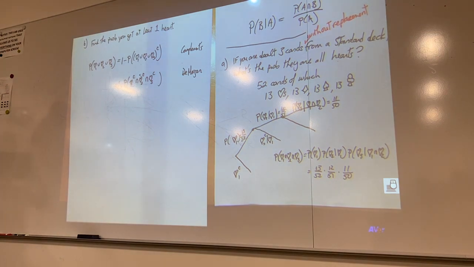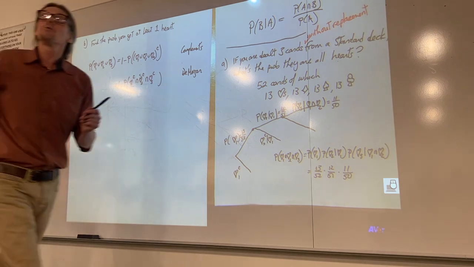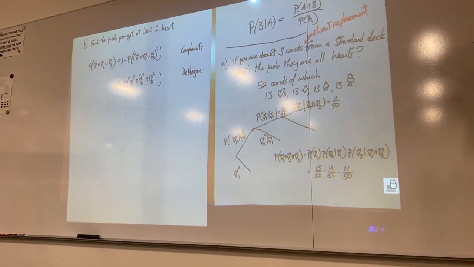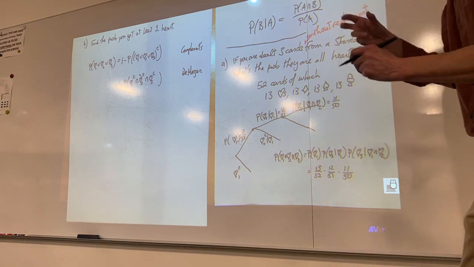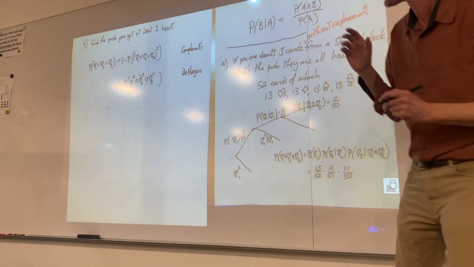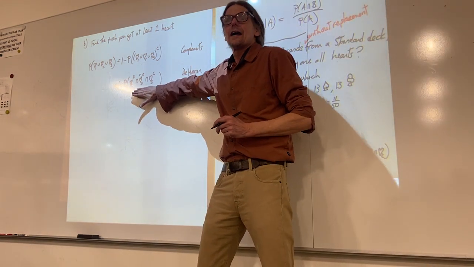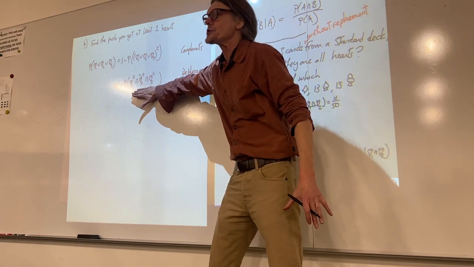Now can you say with more confidence that the complement of at least one heart is no hearts? Yes. Now see, that's De Morgan's law. Now that we've got De Morgan's law, once we get these multiplication rules for conditional probabilities and in a few minutes for independence, then an intersection question like this is dramatically easier.